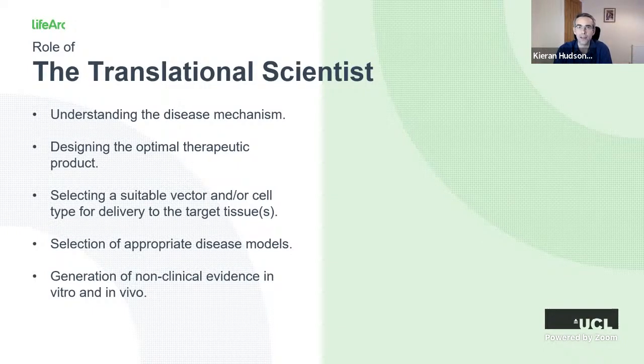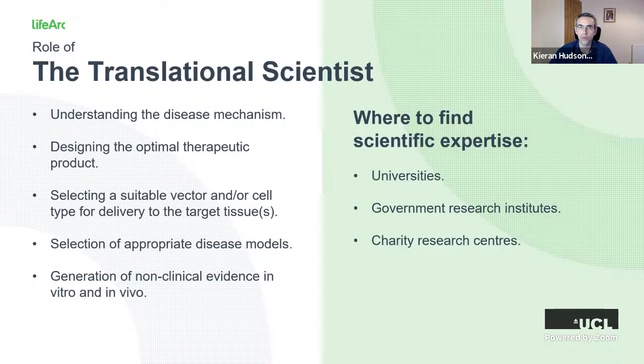They select their candidate to take forward into study and develop and test the different versions to choose which one to take forward. They understand the disease models, and they select and bring in the appropriate one to their lab, and then generate most of the non-clinical evidence in vitro and in vivo.